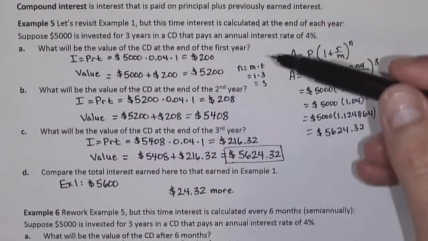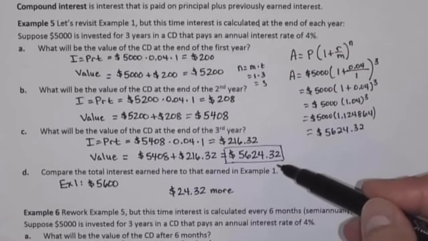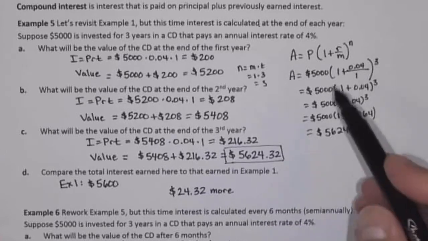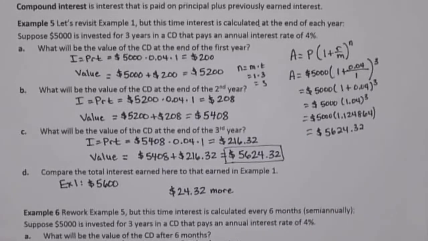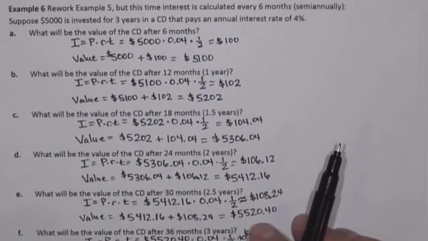So we could skip steps A and B and jump right to the answer in C. This would be the value after 3 years by using our compound interest formula.